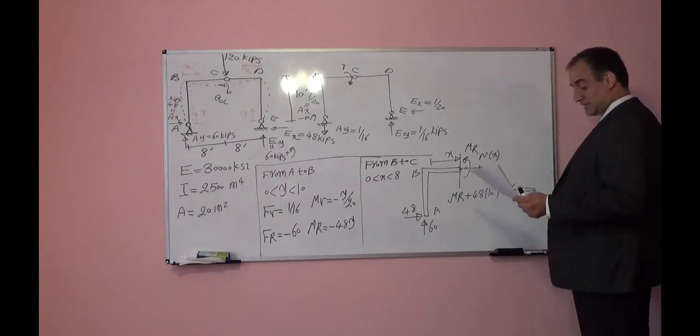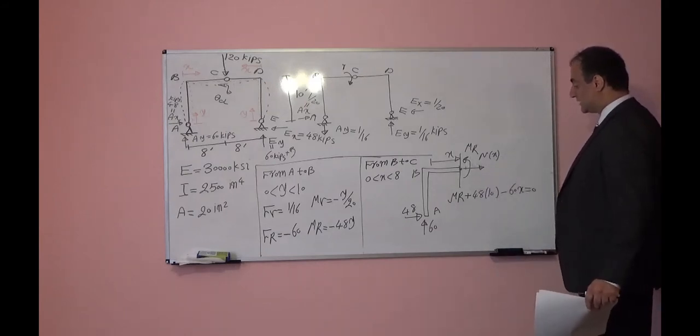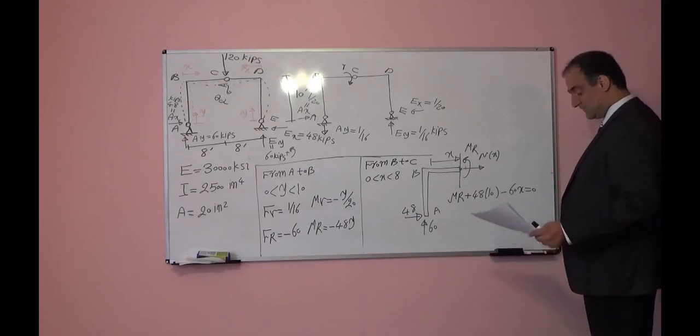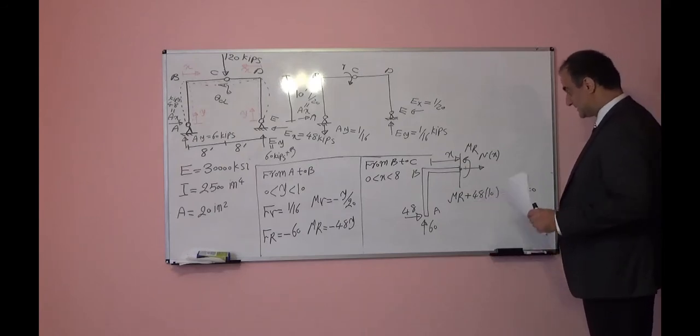So if I take the other side, MR will be 480 negative plus 60 X positive.